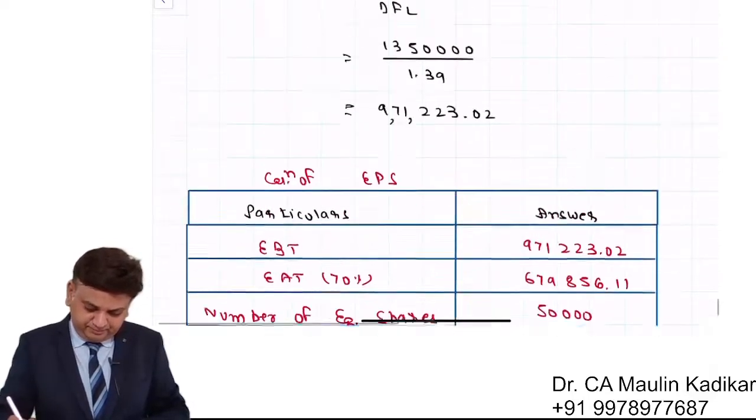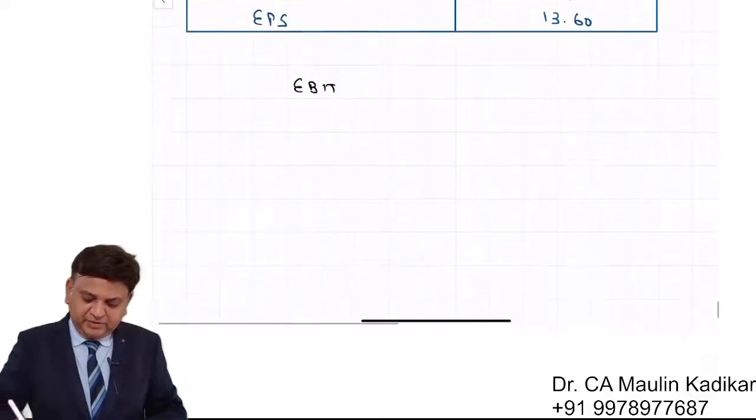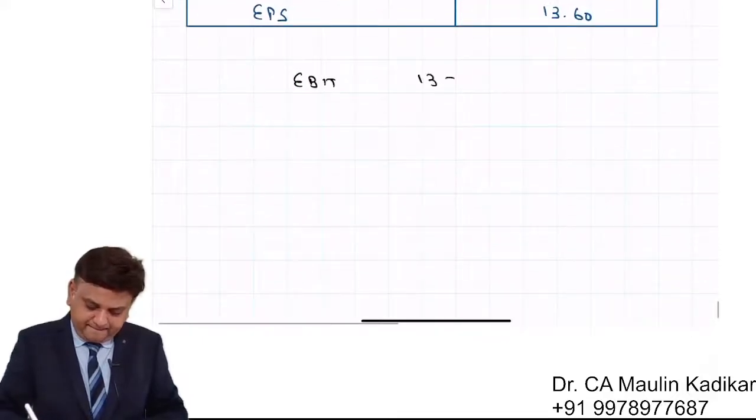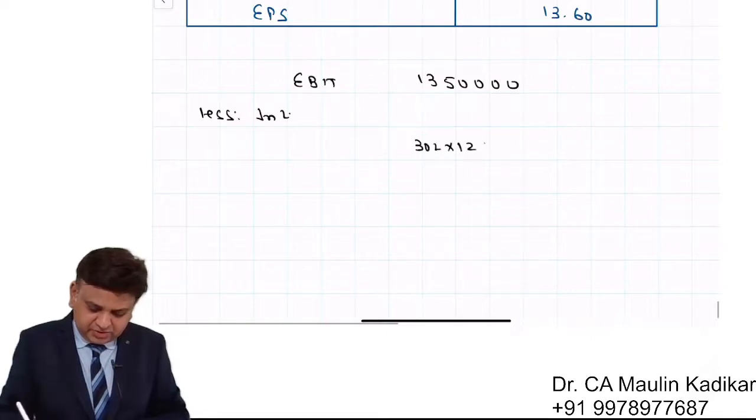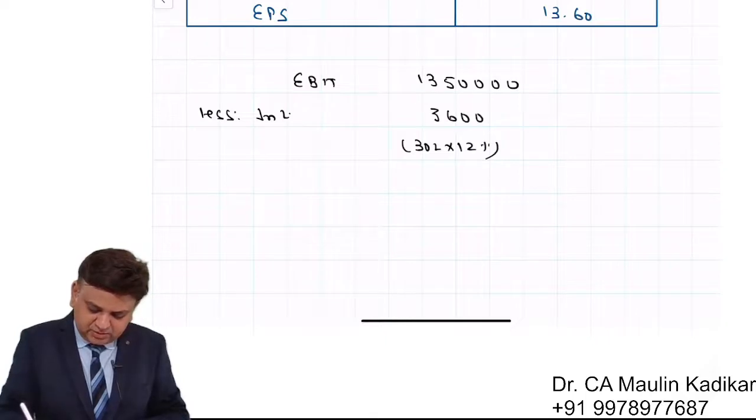EBIT 13,50,000, less interest, 30 lakhs into 12%, that is 3,60,000.